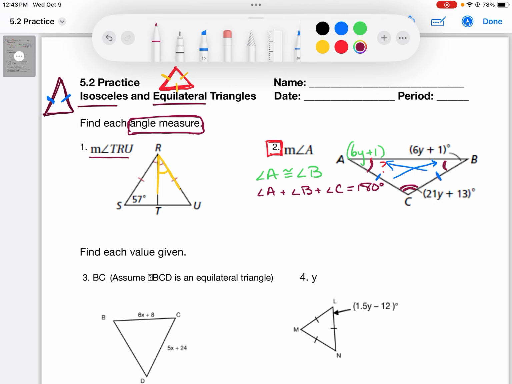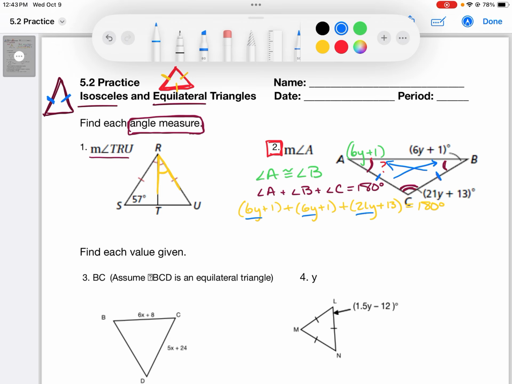So using that knowledge that A and B are equal and that A, B, and C together equal 180, I can make an equation that just adds them all to each other. So there's A and B, and then I add in C, and I know that all of these together equal 180 degrees because all the interior angles of a triangle add up to 180.